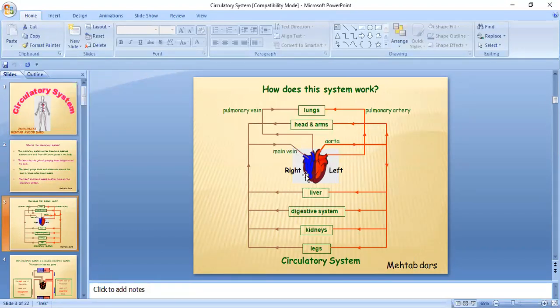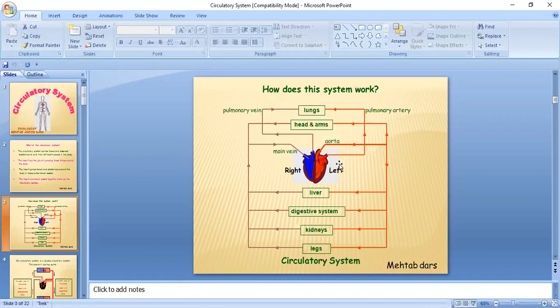Then this blood moves to the upper and lower chamber of the right part of the heart and then into the lungs for oxygenation. After oxygenation, the blood moves again toward the heart through the pulmonary vein.